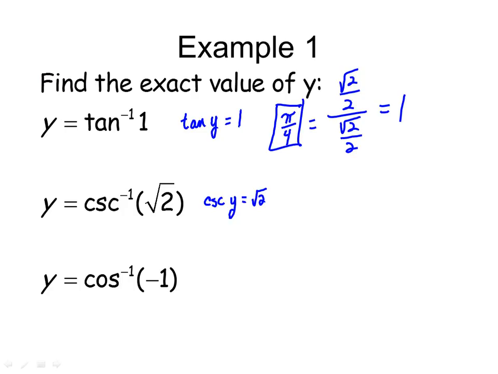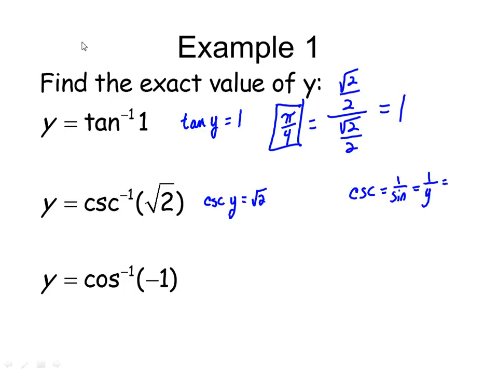I'm thinking that since there's a radical 2 in there, we're looking at 1 over the square root of 2 over 2, because cosecant is 1 over sine. But cosecant is also 1 over y.